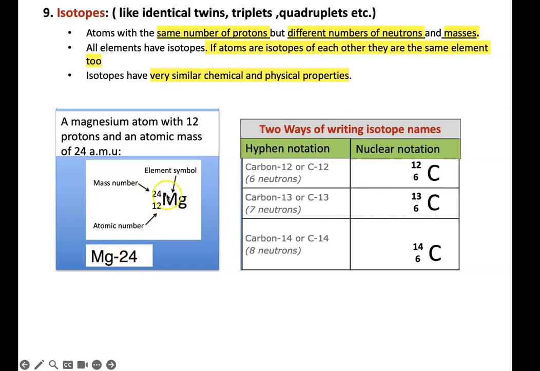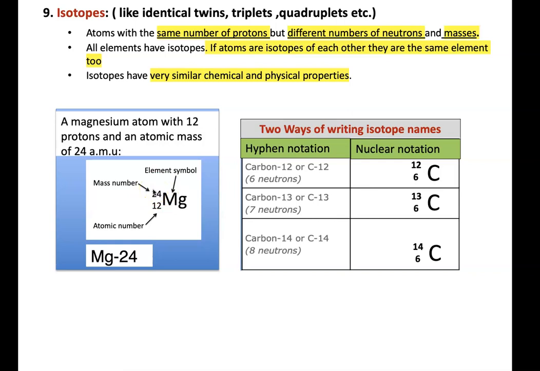Or you can write the symbol of the element, and on the left side as a subscript you write the atomic number, that's the number of protons, and the heavier mass you write on the top like this, the mass number. So always the mass number is here.